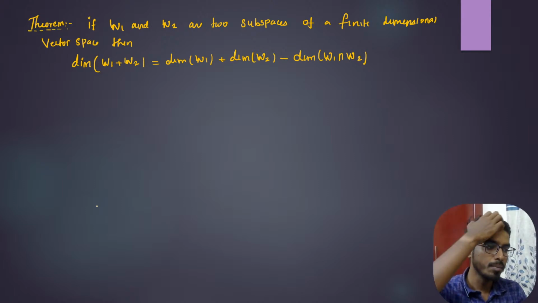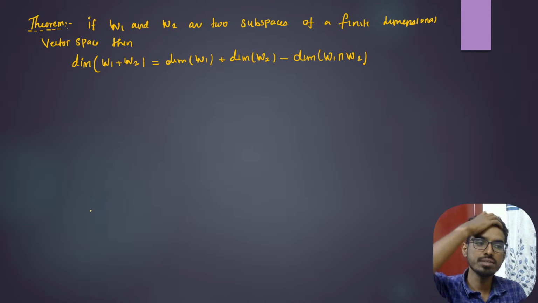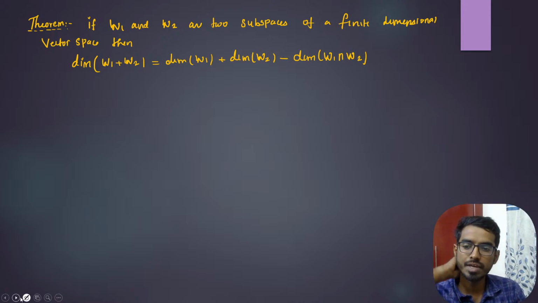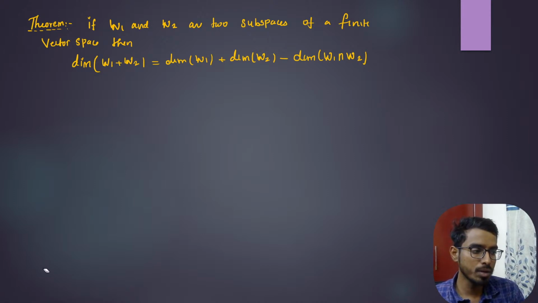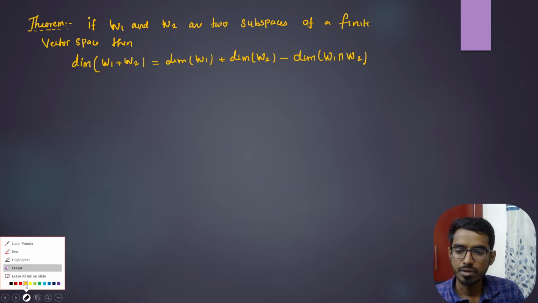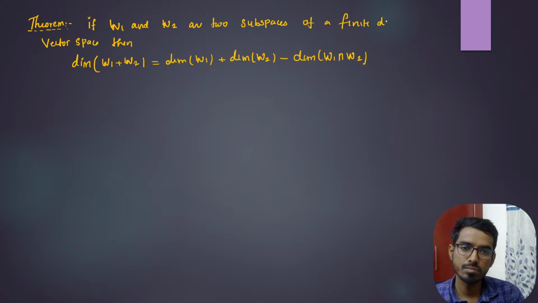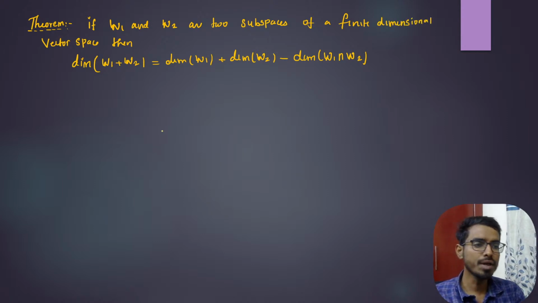If W1 and W2 are two subspaces of a finite dimensional vector space, then the dimension of W1 plus W2. So you know what is W1 plus W2, right? We already defined all the terms.